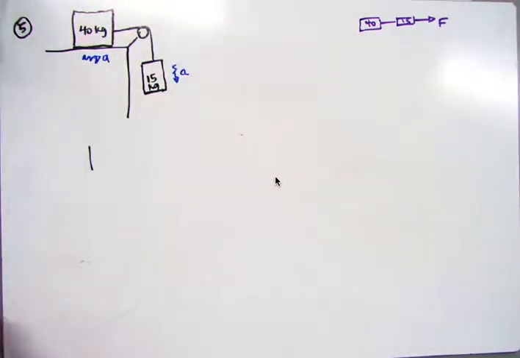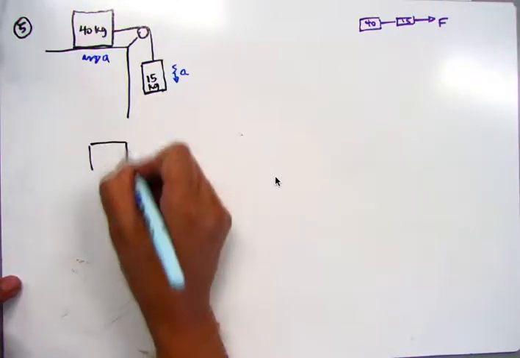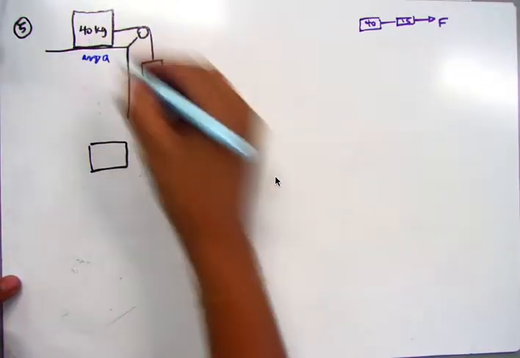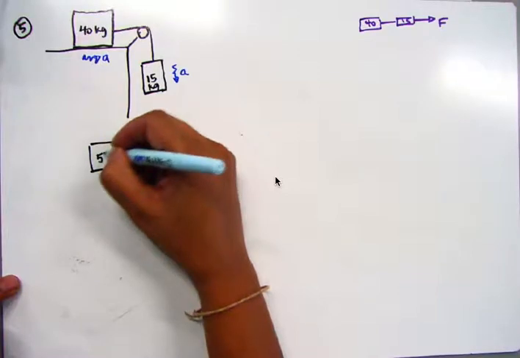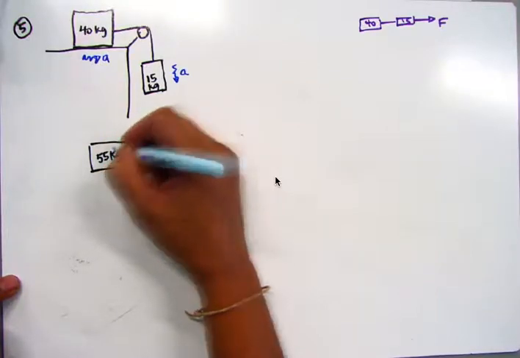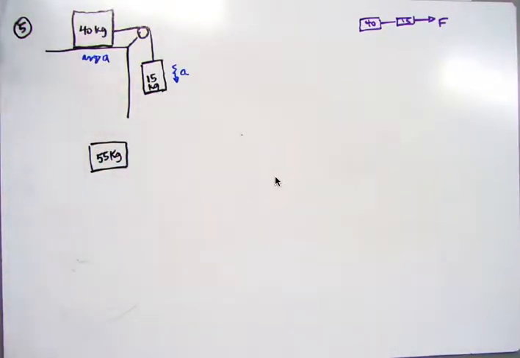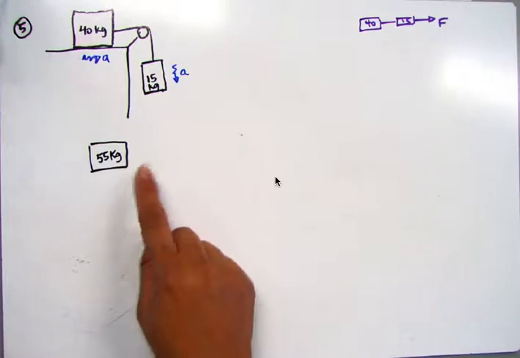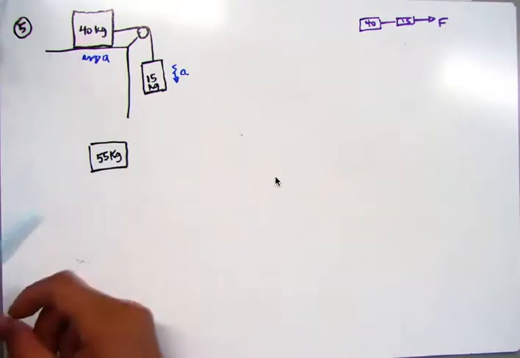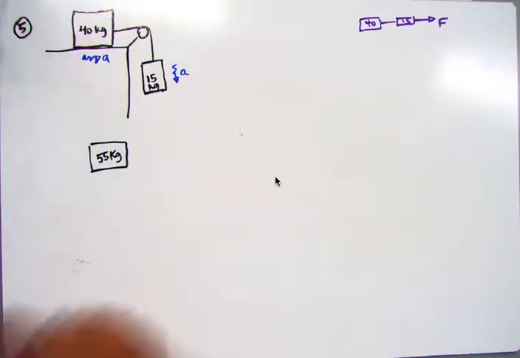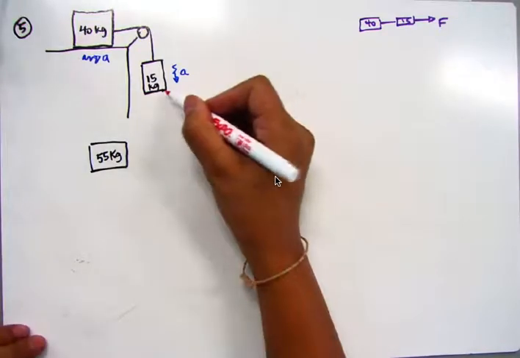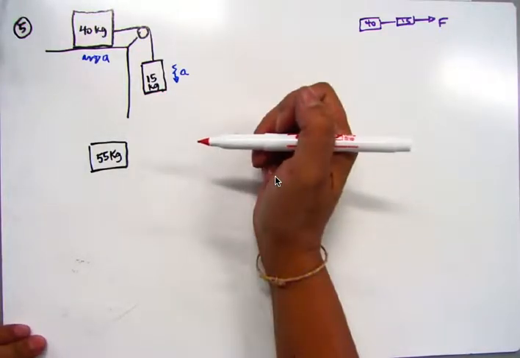So we can still consider this problem as a combination. 40 plus 15 is 55 kilograms. The trick is to figure out what are the forces acting on this in the direction of the acceleration. For this 15 kilogram mass, the only unbalanced force is coming from the gravitational force on the 15 kilogram mass.